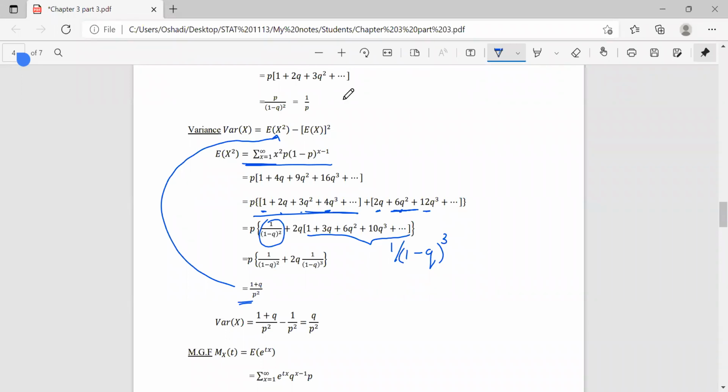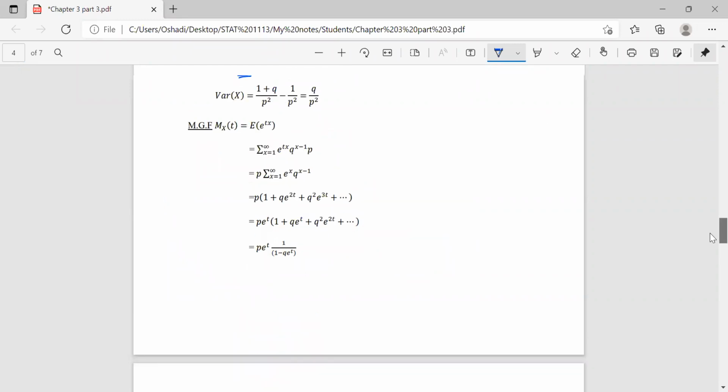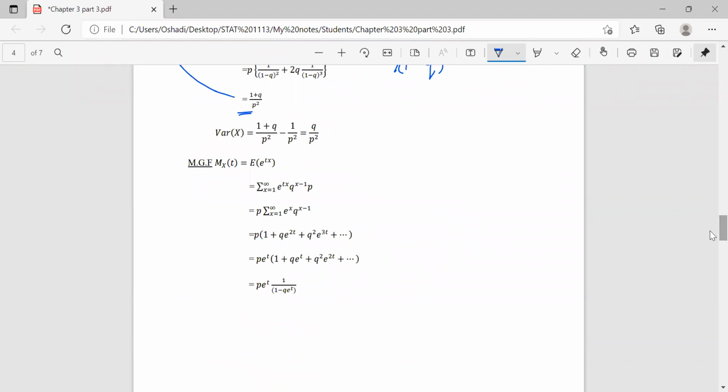Okay, then the moment generating function. It is the expected value of e to the power tx. As earlier, we can write it using the expression, the summation e to the power tx into the distribution.